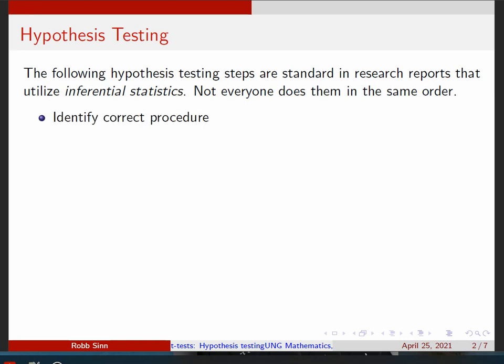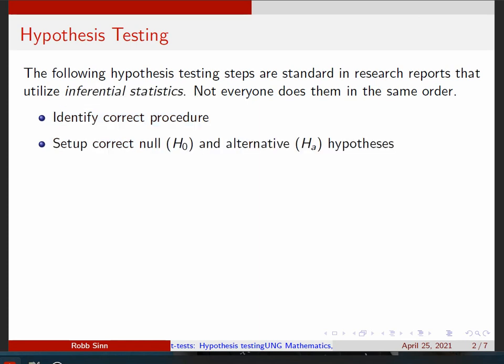I just think of it as 7 steps. Not everybody includes this one, but if you're reading a research report, you do need to identify the correct statistical procedure. So just tell people what you're running. Then you want to set up the correct null and alternative hypotheses, which the book did talk about as part of their plan phase.